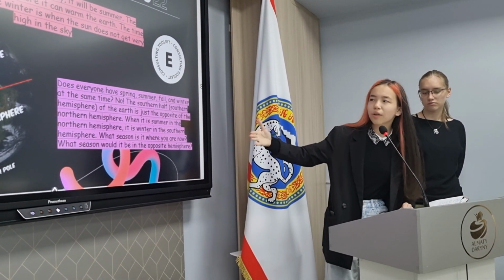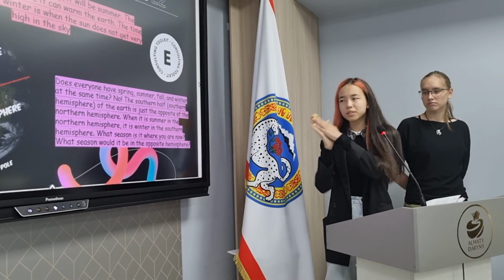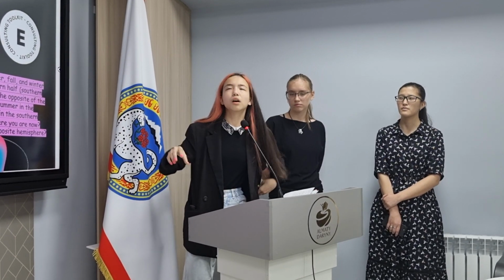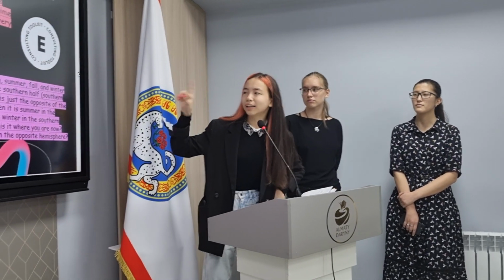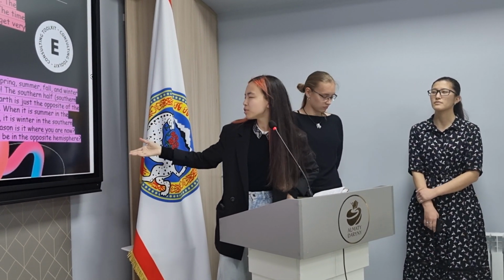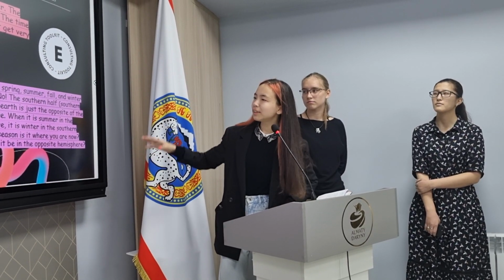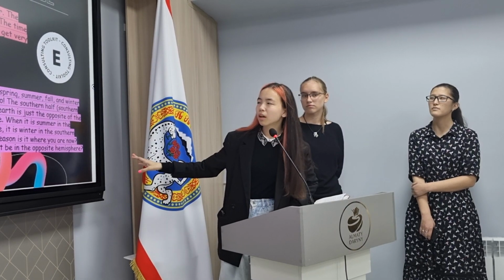But on the back side, the opposite side from the sun, it's usually night because not enough sunlight goes to that side. It's just the opposite. Okay, I think that's it. Now let's move to the next slide.